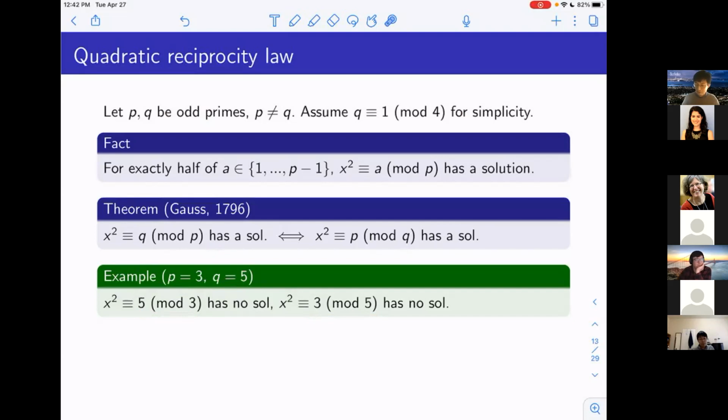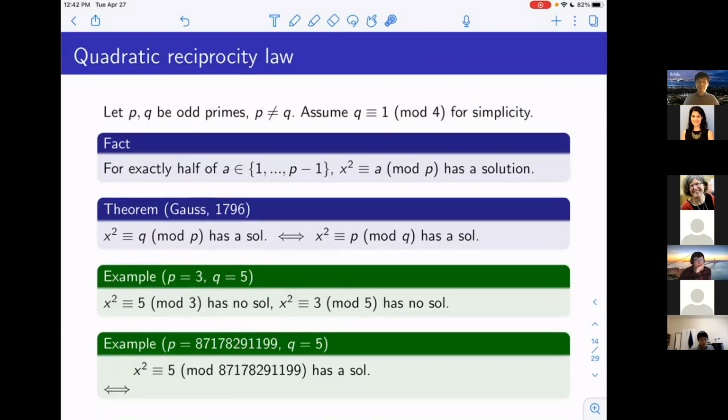A more complicated but fun example is the following. I'd like to see that 5 is a square modulo this huge prime number, which I've taken from some table. How do you check this? You can try to go through all possible values of x. x could run from 0 up to this number minus 1, and then just check case by case to see if there is a solution.